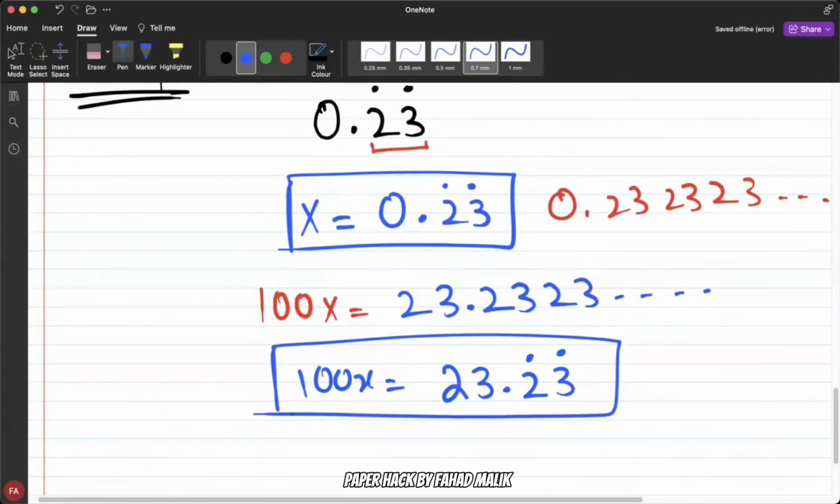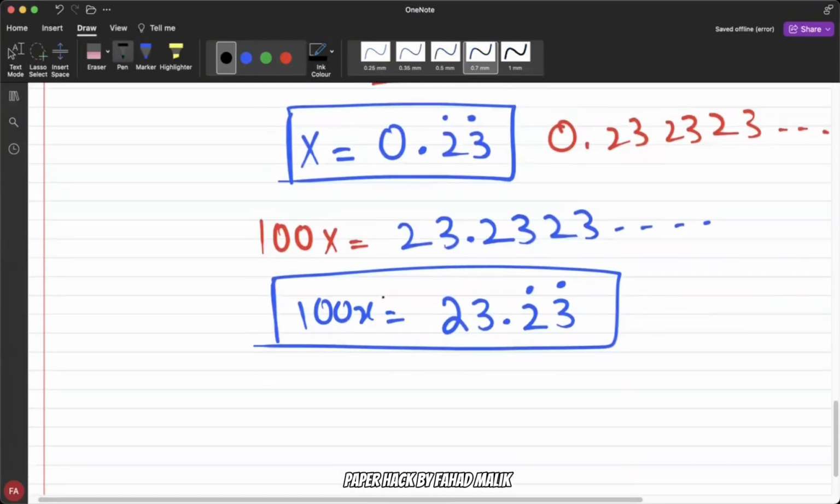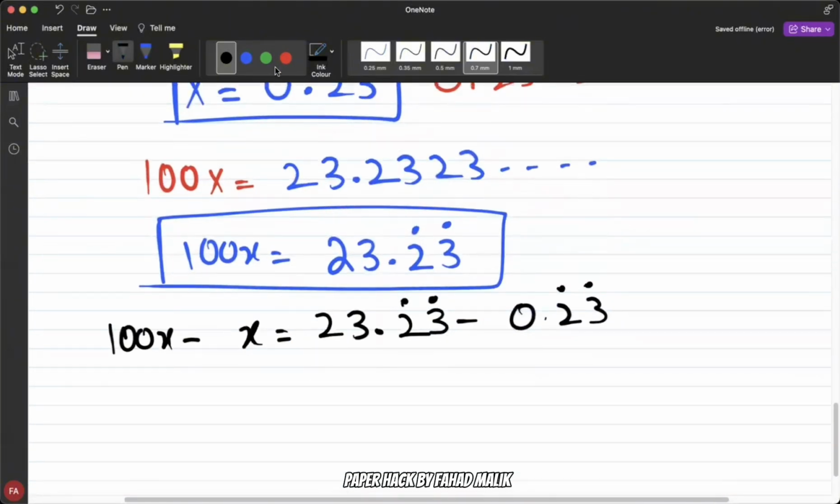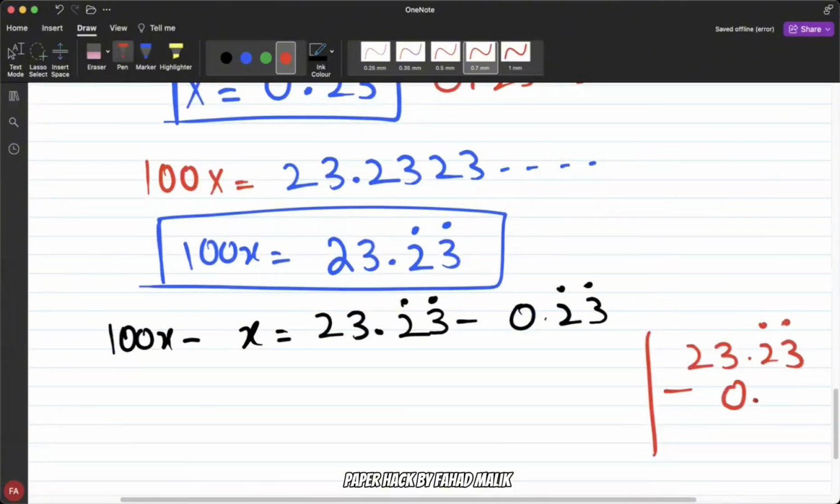All right, so that's what we get. Again, let's start subtraction. So 100x minus x. What does 100x represent? 23.23 dot minus, again, 0.23. So again, the key over here, if I were to perform my subtraction separately, this will be 23.23 minus 0.23.